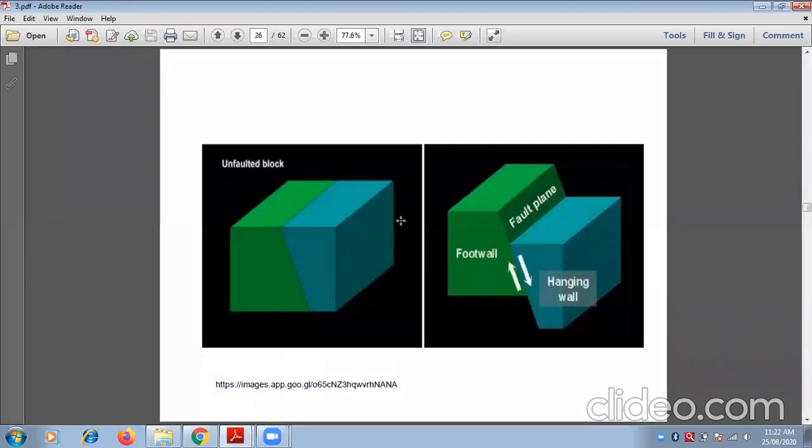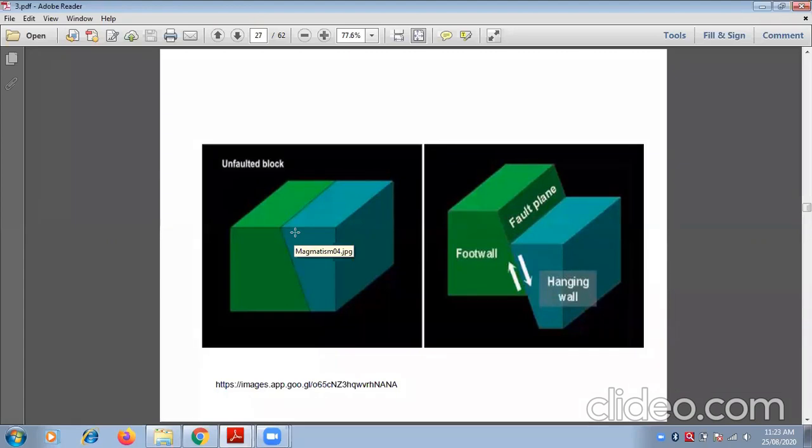In this diagram, you have seen two different blocks I have placed here. In the first diagram, the unfaulted block is there, and in the right hand side diagram, the faulted blocks are there. Your observations: the two blocks present in the first diagram are not displaced.